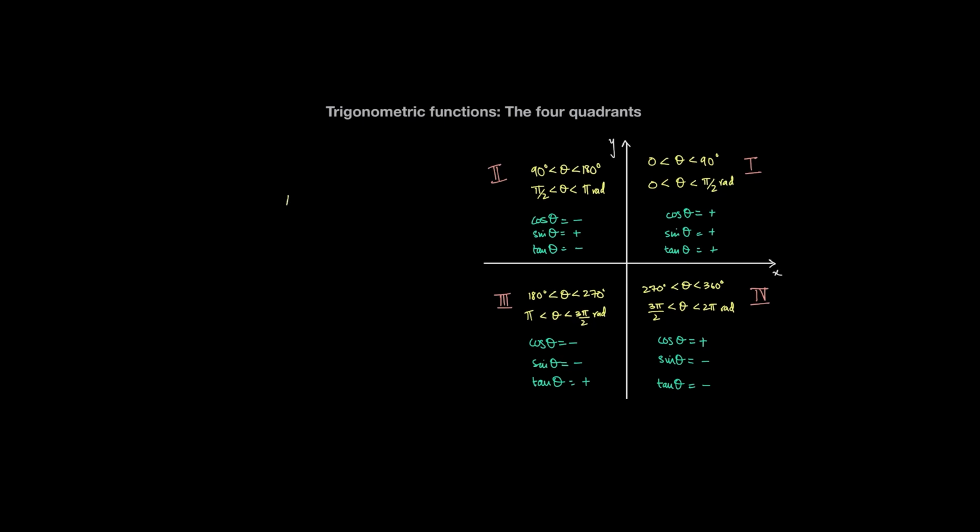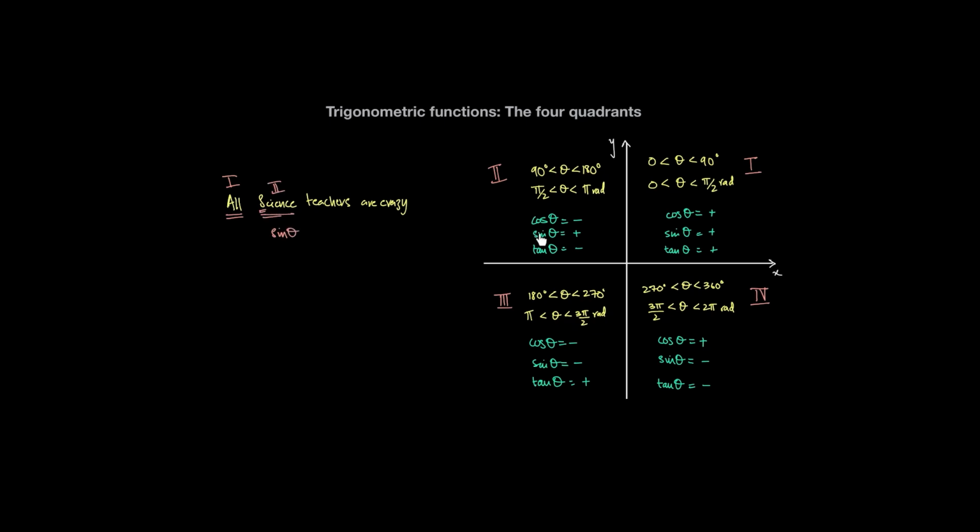We can use the mnemonic: All Science Teachers Are Crazy. If we use this mnemonic, in the first quadrant, all the trigonometric functions take on a positive value. In the second quadrant, only the sine function takes on a positive value.